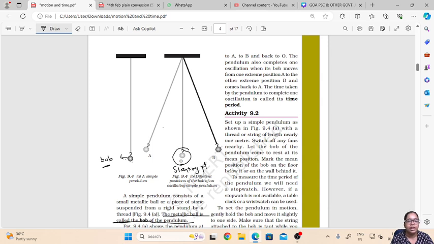So this to and fro motion, as in when the bob goes to the A point and then it comes back to the B point.